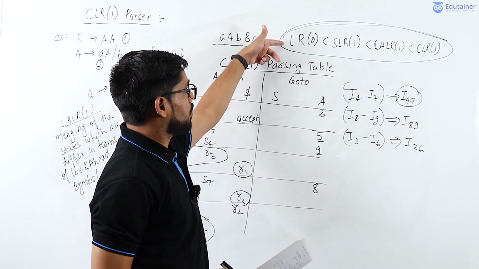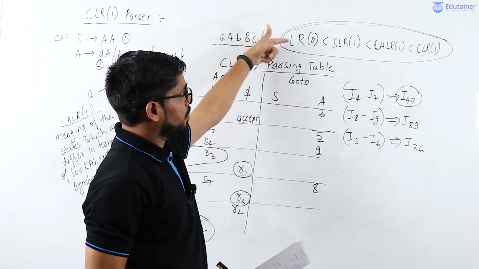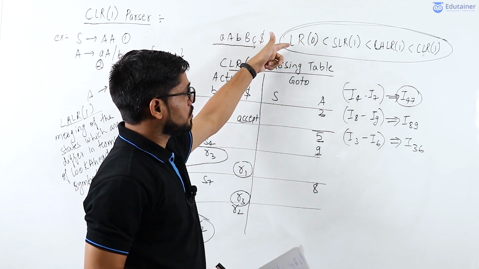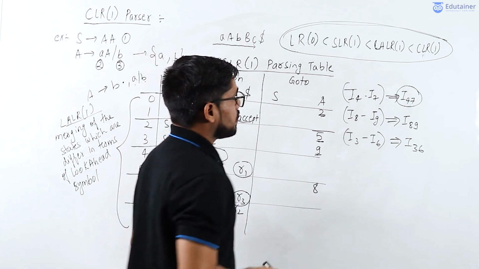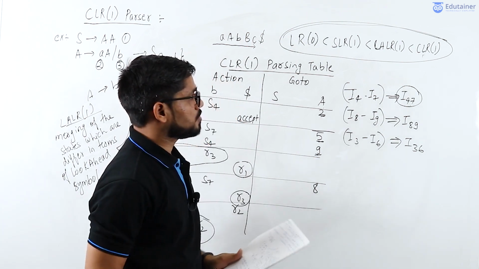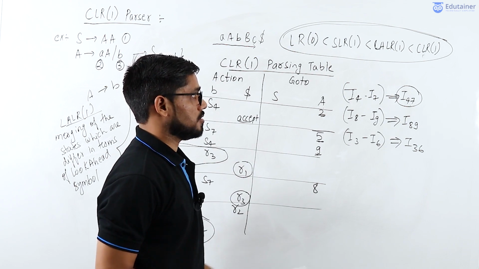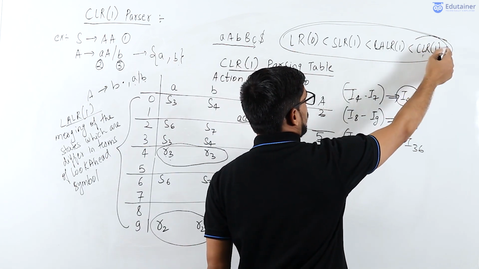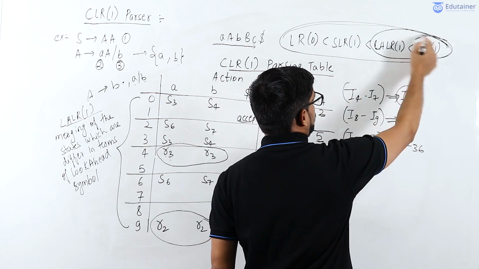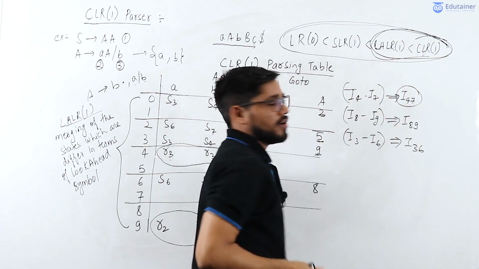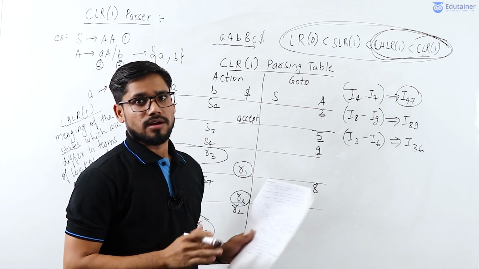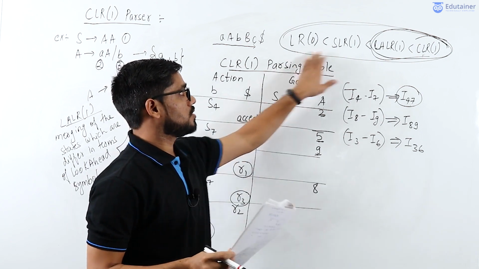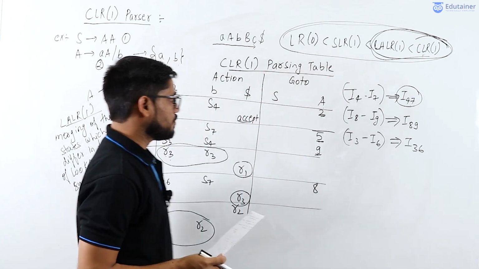So you have to remember the power of the different LR parsers, and the maximum number of states present in these parsers. If I consider the maximum number of states, the CLR1 and LALR1 parsers will always have the advantage, so they have more states compared to the LR0 and SLR1 parsers.